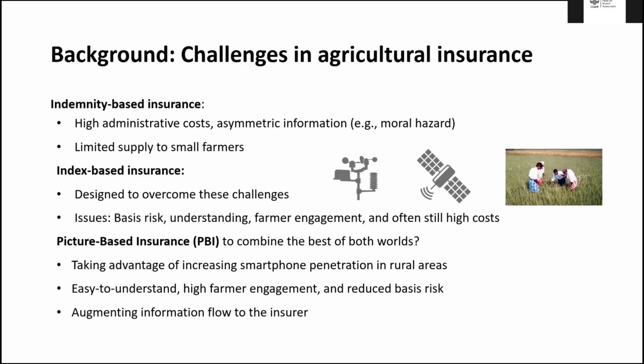And an area can be anything between a geographical zone at a larger scale, which is used in African countries, for instance, Kenya and Zambia, versus at the granular level of a village, which is the case in the India insurance scheme.